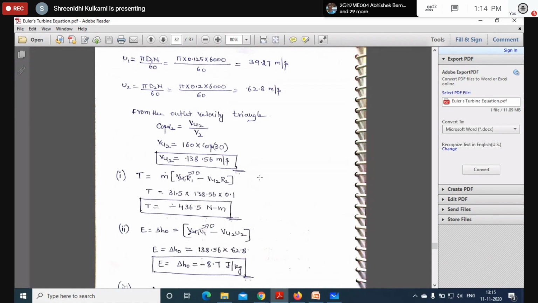Then find out the torque. Okay, got the torque as minus 436.5 Newton meter.